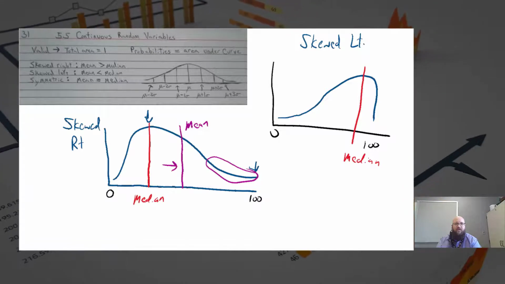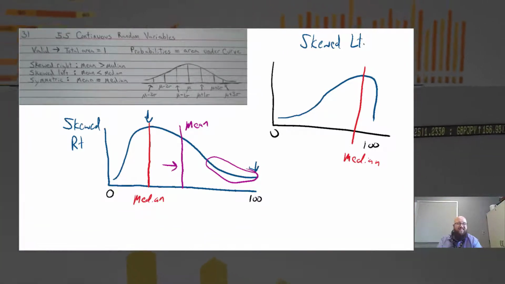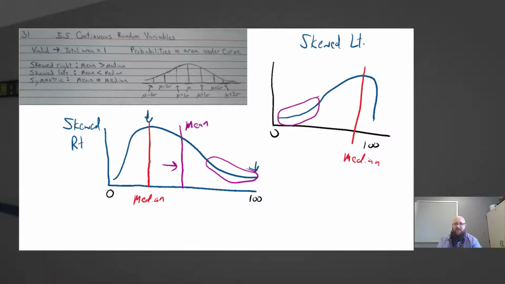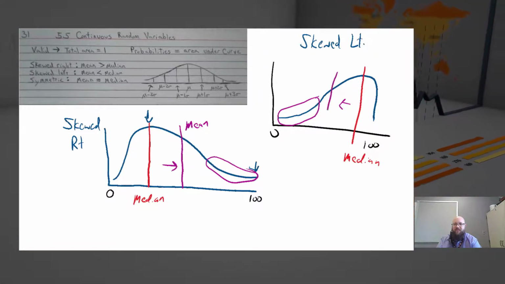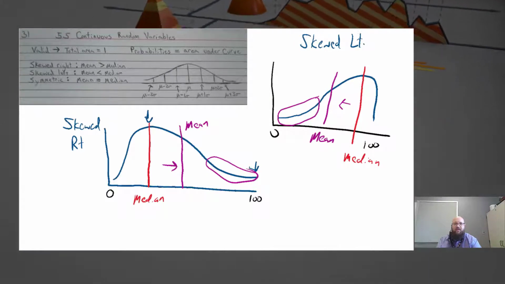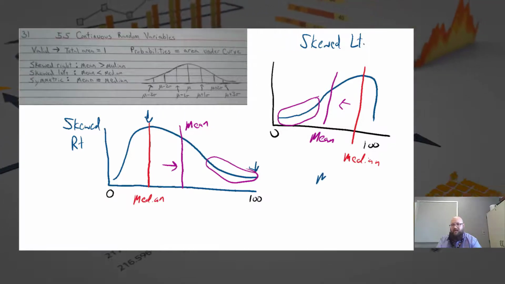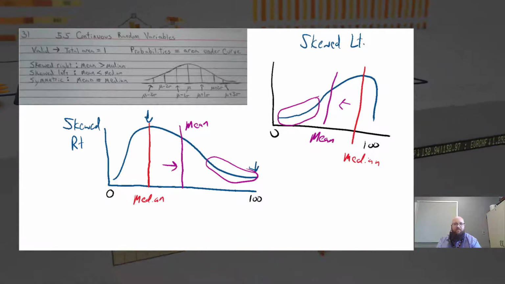Now for your mean, because of these values on the lower end, you have lower numbers over here. There's still a good amount of them. It's going to pull this line this way to be able to push the mean. So therefore, we're going to have our mean there. So again, this one, the mean, I ran in the colors here.